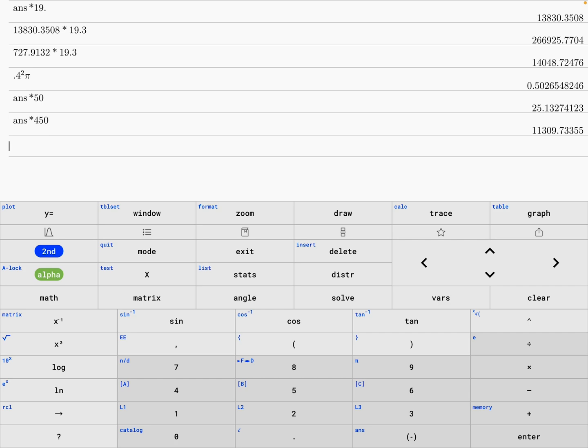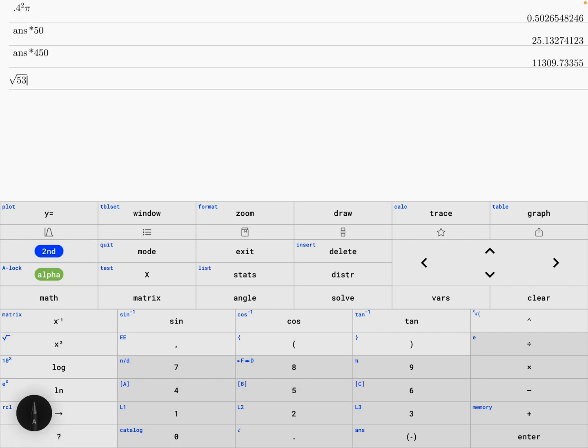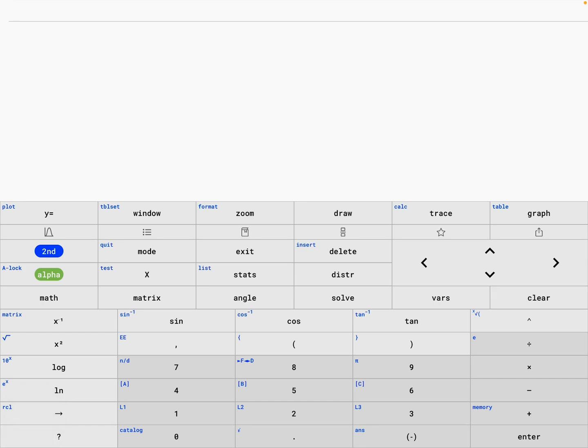So do the square root of 53 squared plus 45 squared. I'm pretty sure something's off right there.